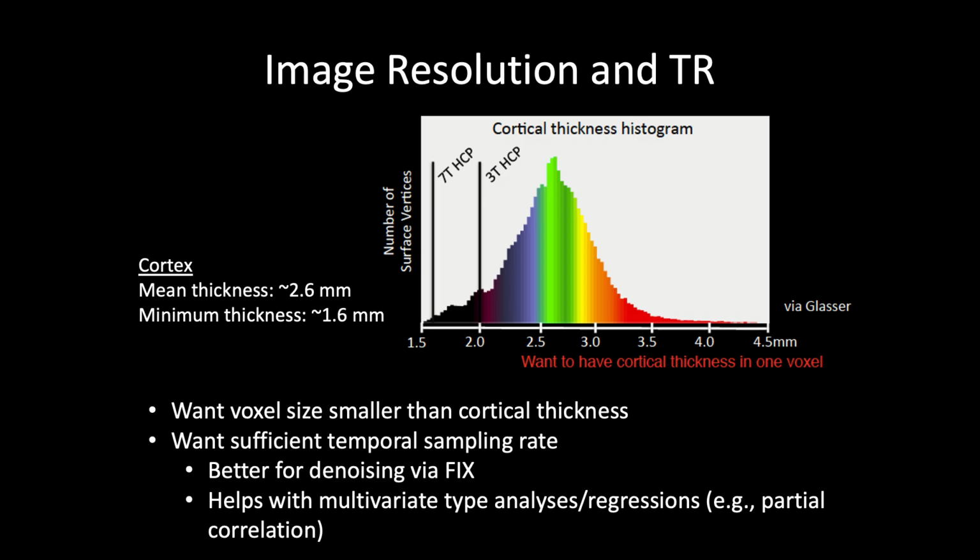So now you're getting away from some of that partial volume effect that you otherwise would hit if you're collecting a 3 millimeter slice. This is also helpful in terms of some of the steps we do later on. There's an algorithm called FIX, which helps with denoising your data. It's also helpful with some of the analyses that you might choose to do if you're using these protocols in terms of doing multivariate analysis.